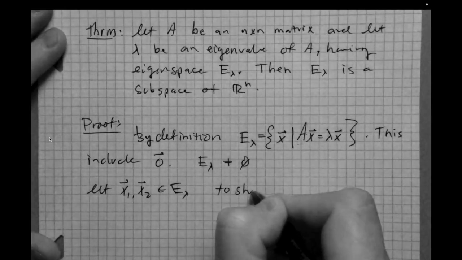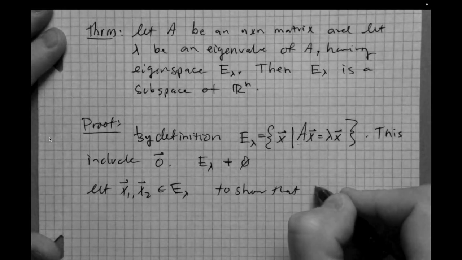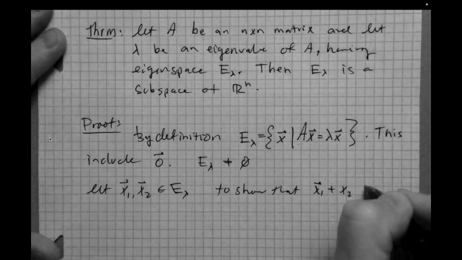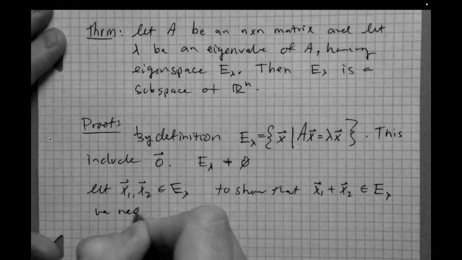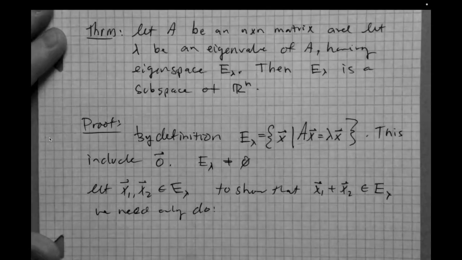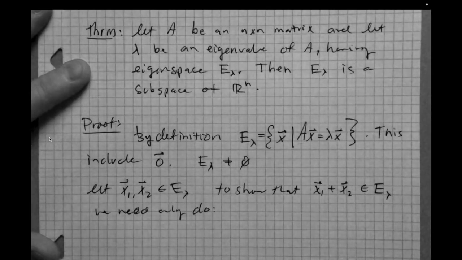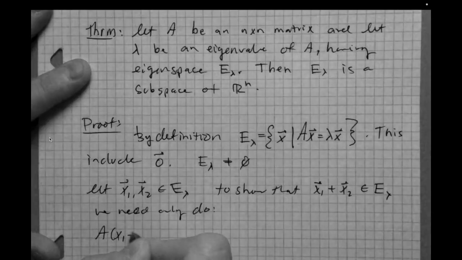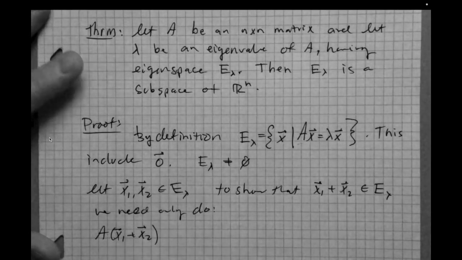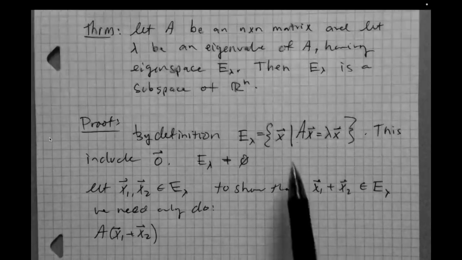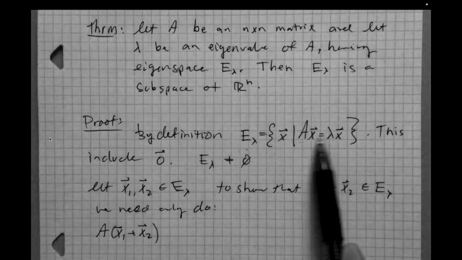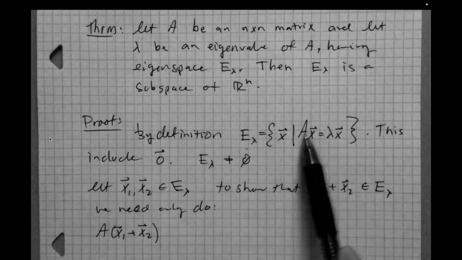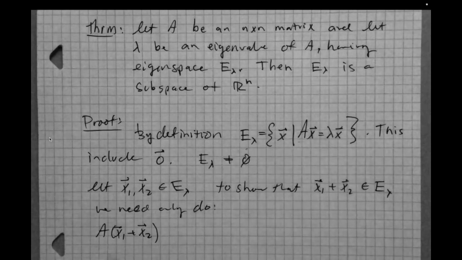So to show that x1 plus x2 is in E lambda, we need only do what? Well, start with A times (x1 plus x2). Remember, the definition of the eigenspace is that any vector that fits this form must be part of the eigenspace. So let's start with this and see if we can get to lambda times (x1 plus x2). So A times the sum of x1 and x2.